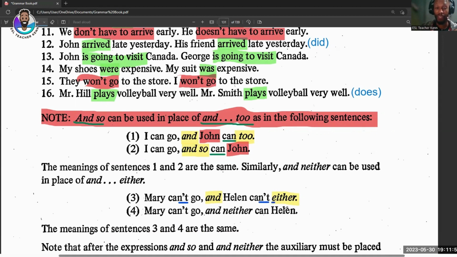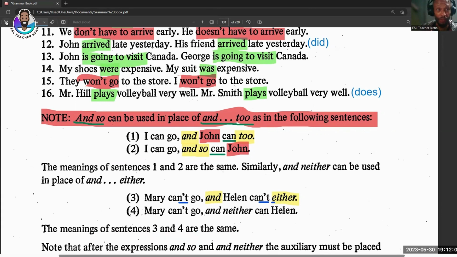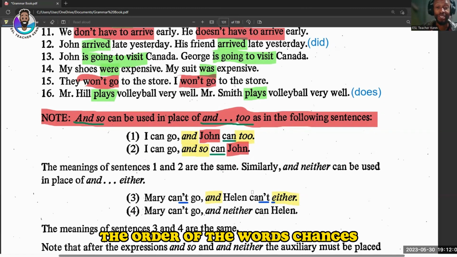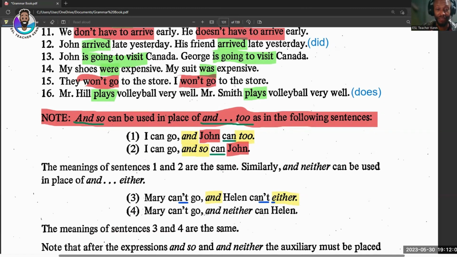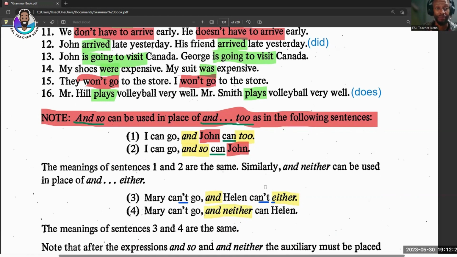Okay? Now, when we want to use neither, the order of the words changes. So we would say, and neither, and we don't add a negative to the auxiliary.